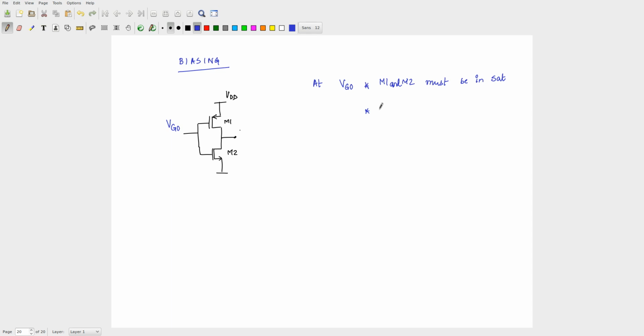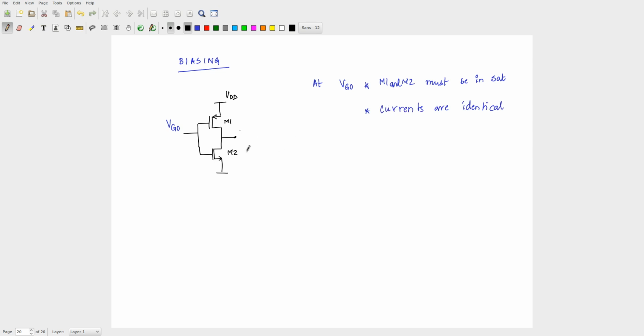And what is the other thing that you have? Currents are identical. Can you calculate what is the value of Vg0 which allows this? How will you do that?